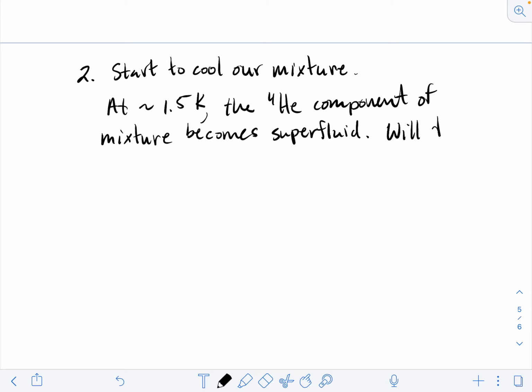So we will discuss superfluid helium-4 later in the course.